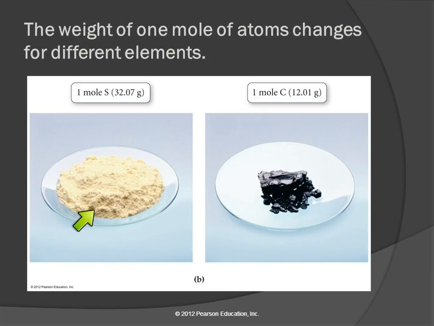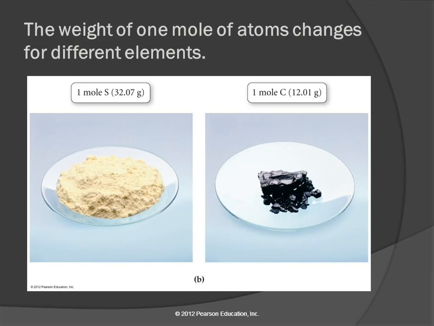Over here, we have a mole of carbon atoms, the same number of atoms, but this mole weighs 32 grams, this mole weighs 12 grams, just like the nails, because the individual atoms don't have the same mass. A sulfur atom and a carbon atom do not have the same mass, just like a large nail and a small nail don't have the same mass.